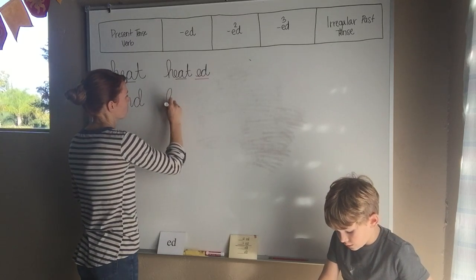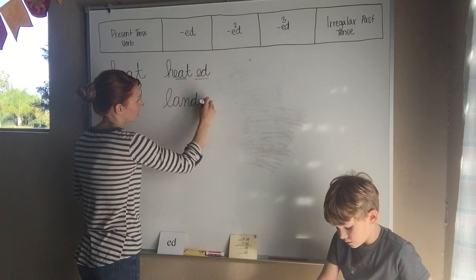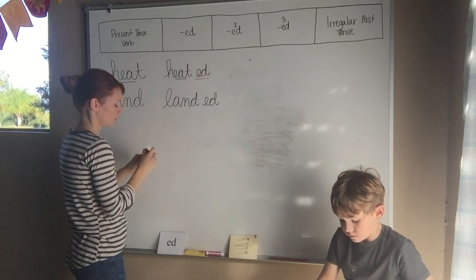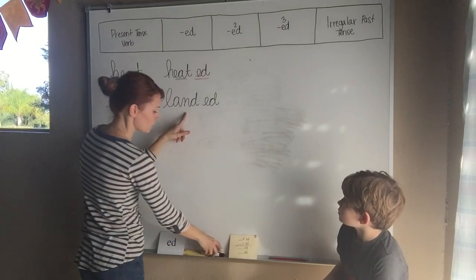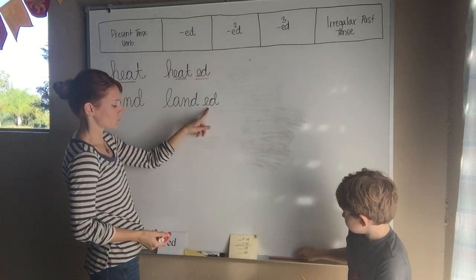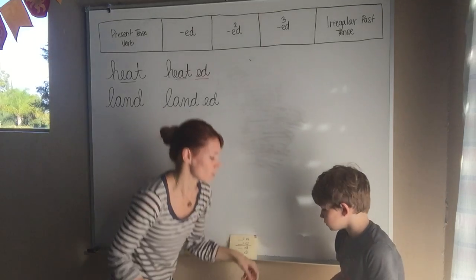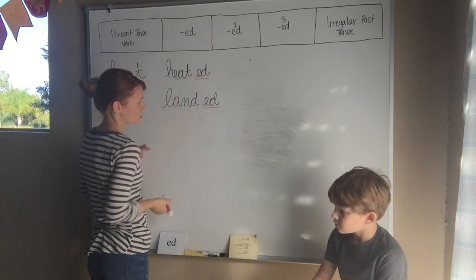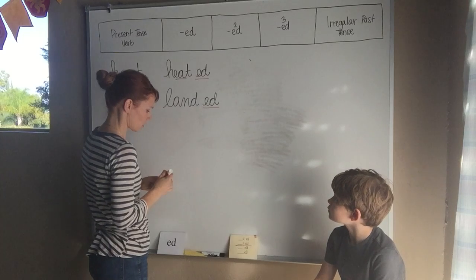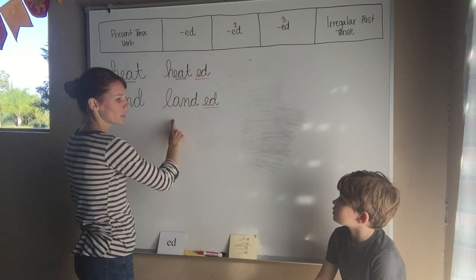L, a, n, d, ed. Okay? Do we match? Mhm. Rules or markings here? Nope, but then we pick up our red. What do we need to do with the red? We underline ed. Very good. Is it saying its first sound? Yes, it is. All right, so we think land, ed, but we say landed.